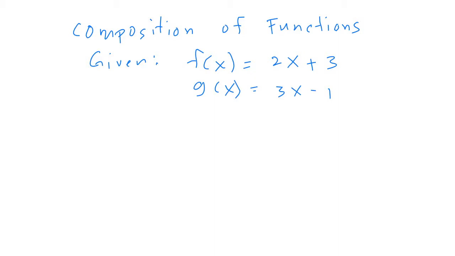Composition of functions. Here we're given f of x equals 2x plus 3, g of x equals 3x minus 1. We are asked to solve for f composition of g of x and the reverse, which is g composition of f of x.